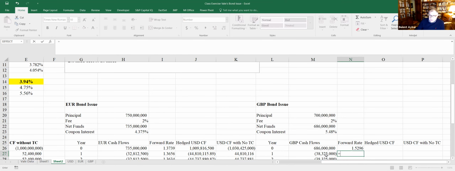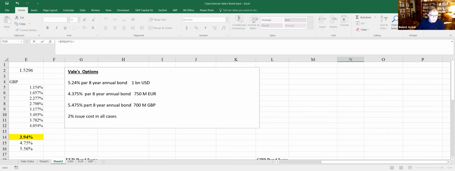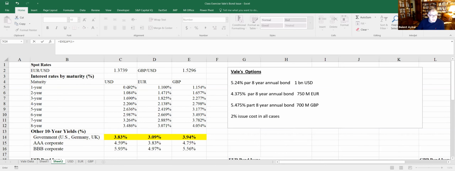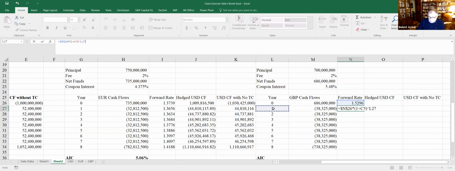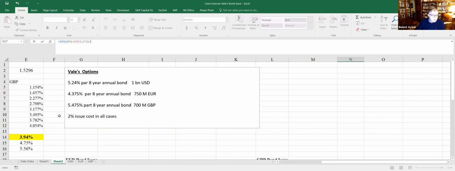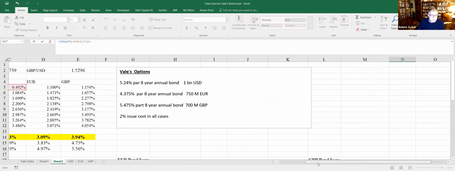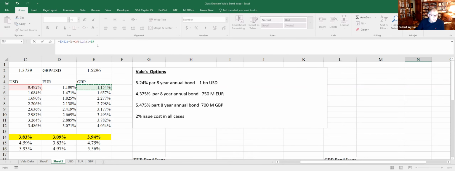The 1 year forward rate is going to be 1 plus the US dollar interest rate that I have in here to the power 1 for the first year, divided by 1 plus the British pound interest rate, which is 1.154%, power 1 again.